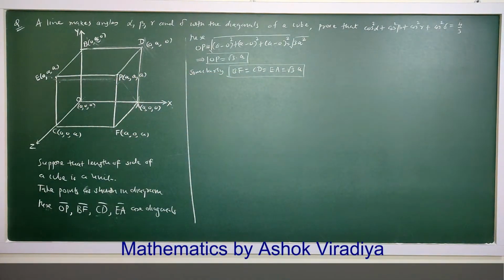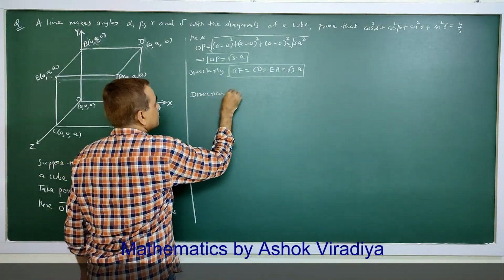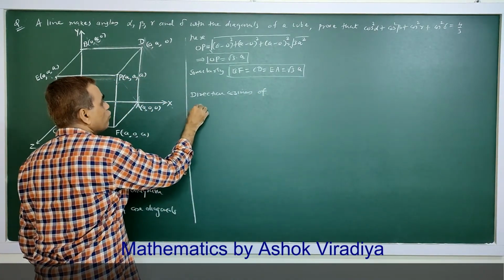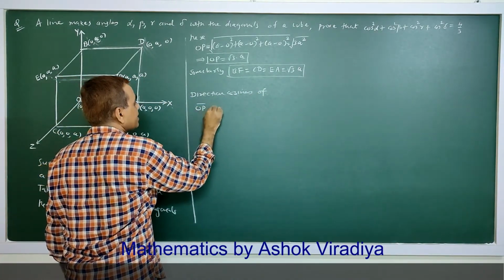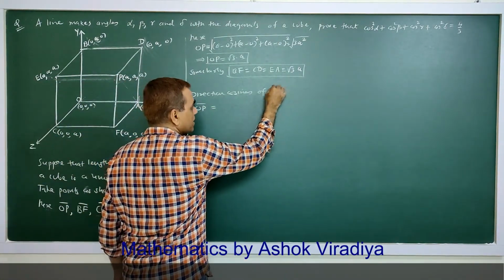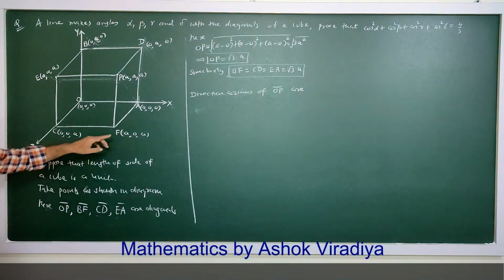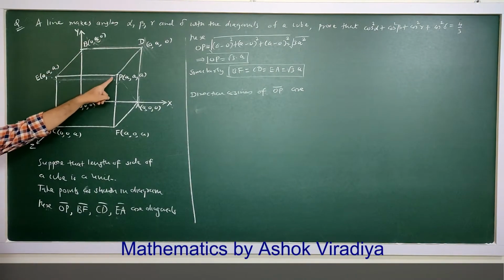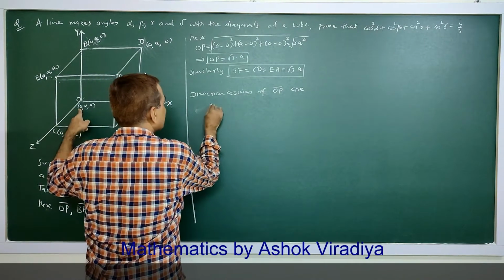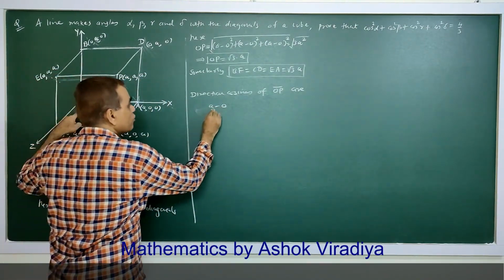Now direction cosines. Direction cosines of vector OP or line segment OP. Say this is O, this is P. So a minus 0, divide a minus 0 by length.